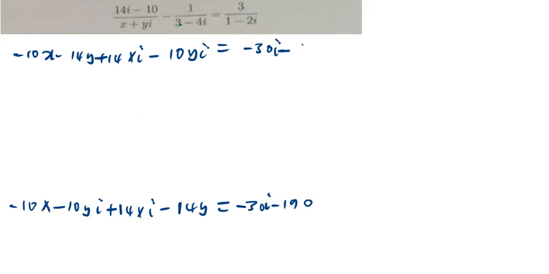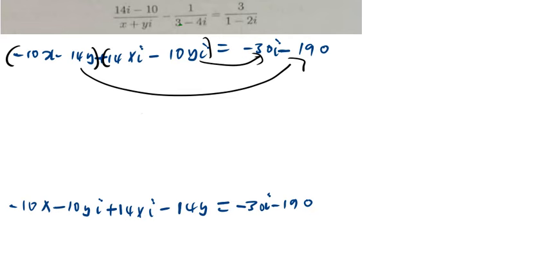Now what you do is, the part having x which doesn't have i, you equate it equal to the part which doesn't have i here. What do I mean? This part we equate equal to that, then this part which has got i we equate equal to that part. So it will be negative 10x minus 14y being equal to negative 190.